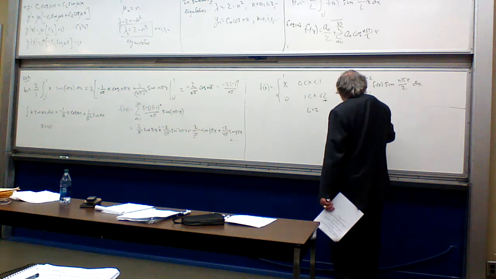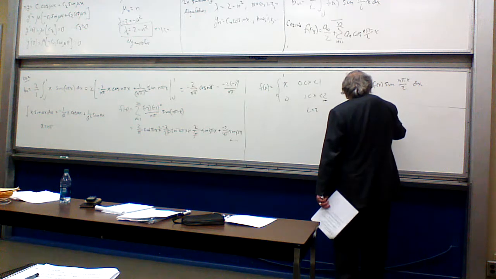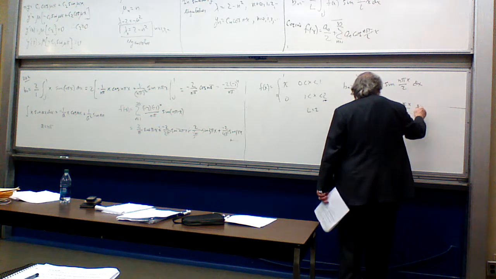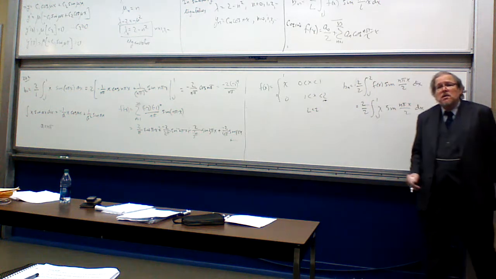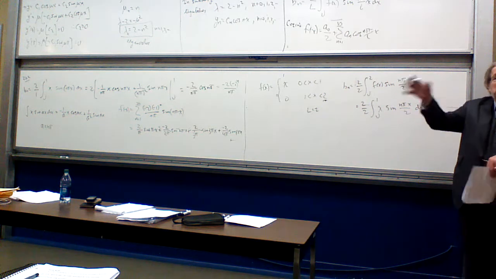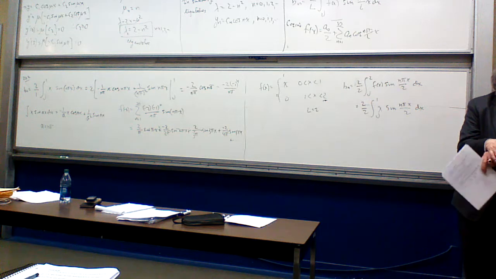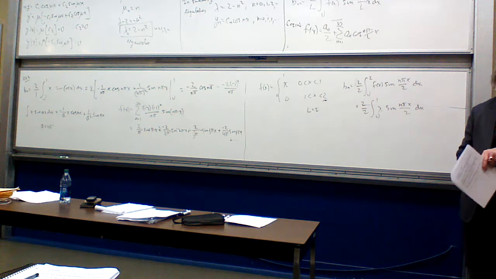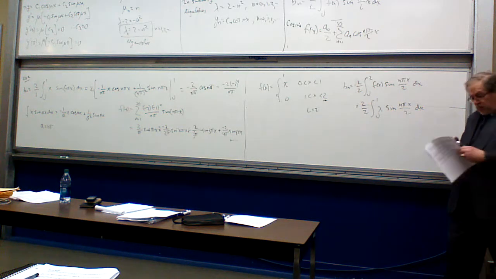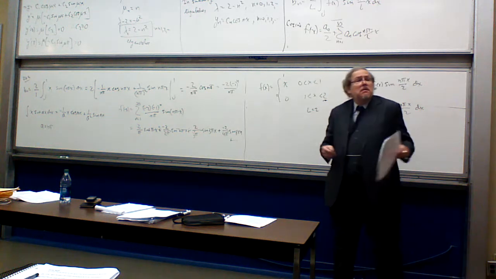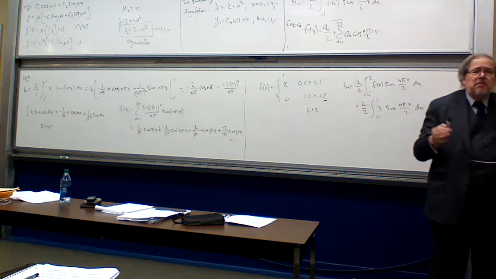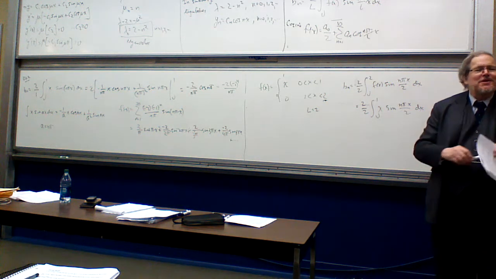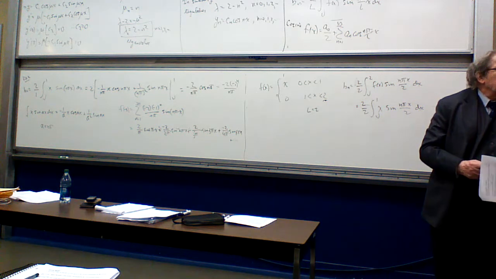So you get 2 over 2, 0 to 1, x sine n pi x over 2 dx. So a step function, especially one where one of the pieces is 0, so you do that kind of thing. But not x squared. That starts to get a longer function in the table of integrals.